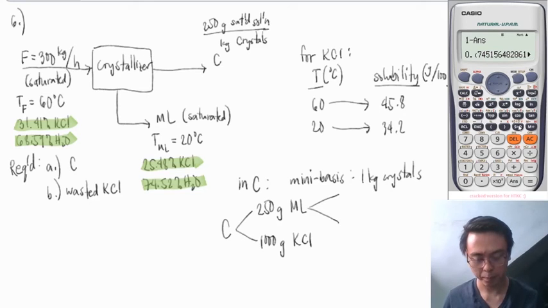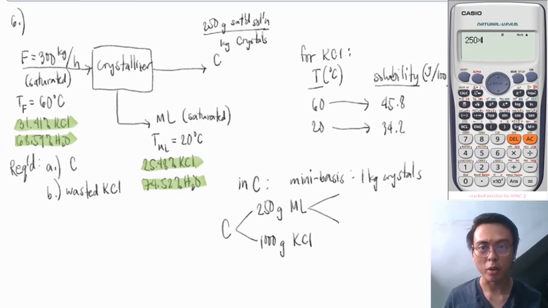So let's do that. 250 grams of mother liquor, multiply that with 0.2548. You have 63.7 grams KCl, and the remainder would be water. So that is 250 minus 63.7. We get 186.3 grams water.